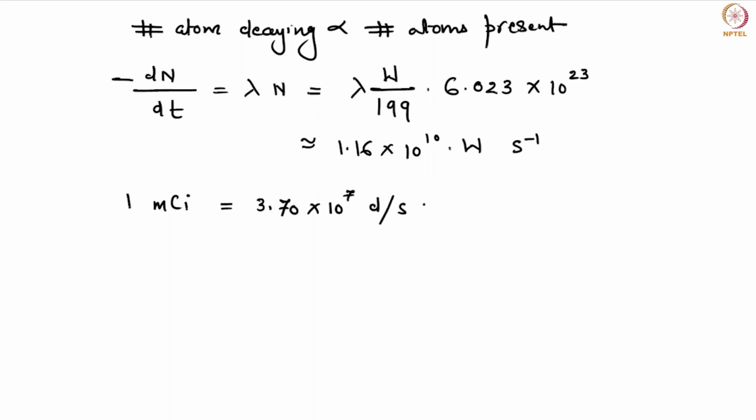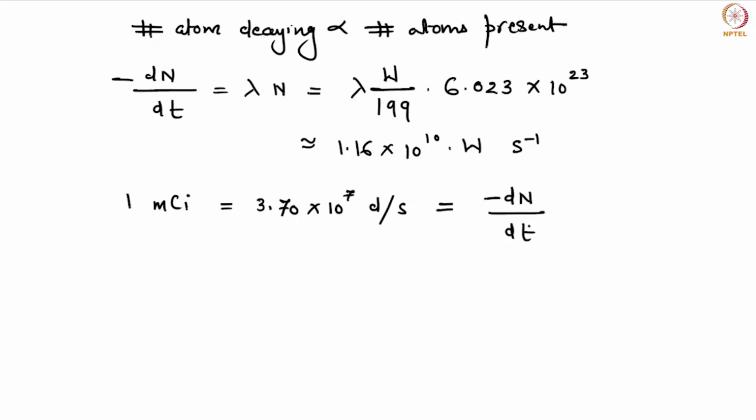So 1 curie equals 3.70 into 10 power 10 decays per second. Remember, since we are talking in terms of decays, it will be 10 power 7 and not 10 power 13. So this value, 1 millicurie, is equal to our minus dN by dt.